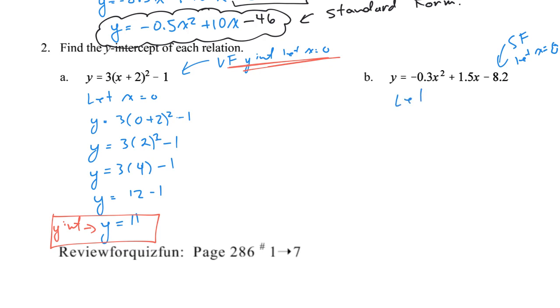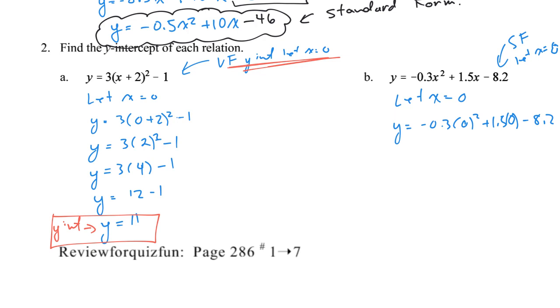So let x equal 0. So let's substitute. Y is equal to, well, negative 0.3 times 0 squared, right? Plus 1.5 times 0 minus 8.2. Oh boy, we're done.